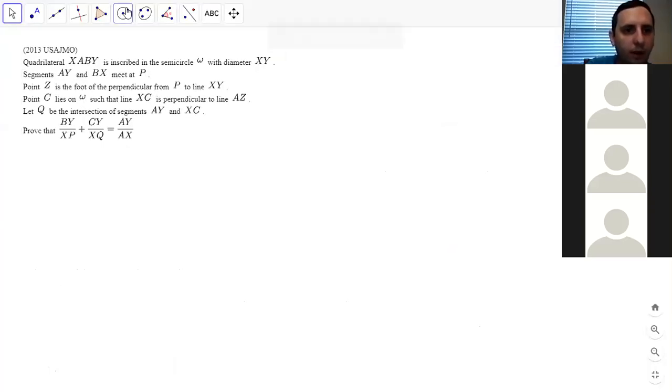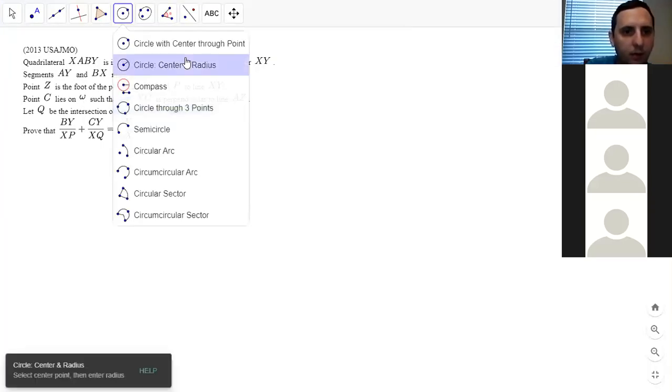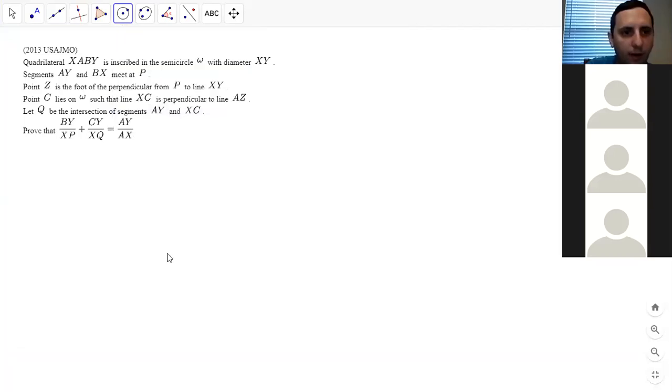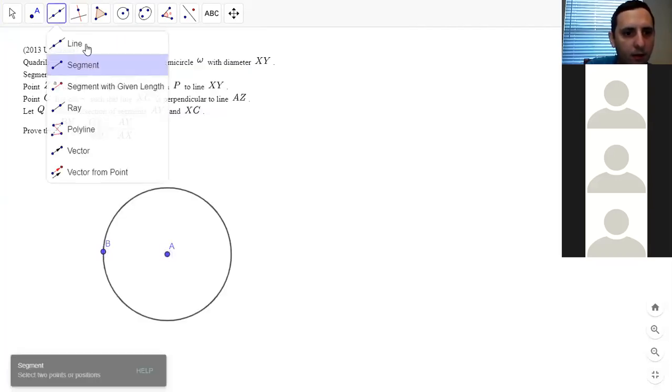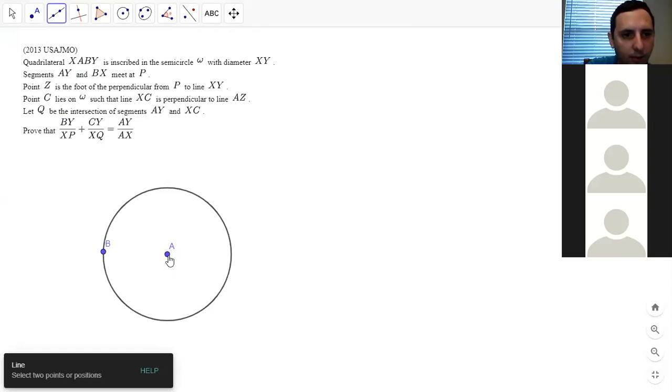So we have a quadrilateral in a semicircle with diameter XY. So I'm going to draw a diameter.